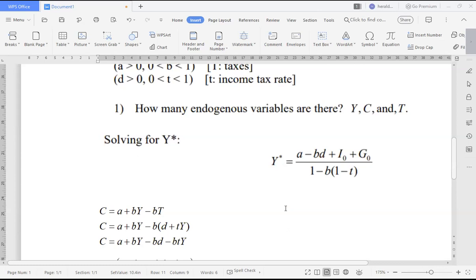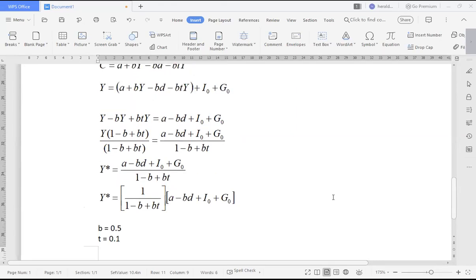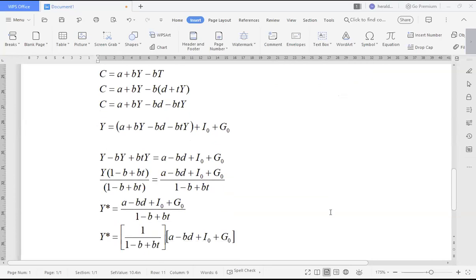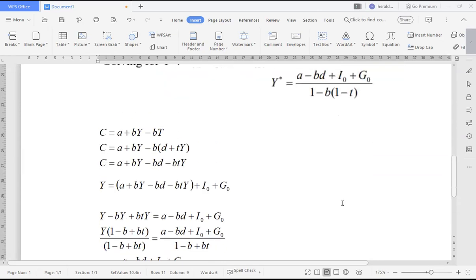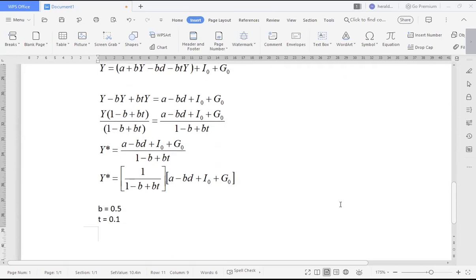So you tried first to check if the values are the same for this one and for this one. Am I correct? Yes, ma'am. But it's not the same. Oh, okay. I think 1 minus B plus BT is not the same as 1 minus B times quantity 1 minus T. Okay. That's what you're trying to say. Yes, ma'am. I'm sorry if I got you confused. Okay.